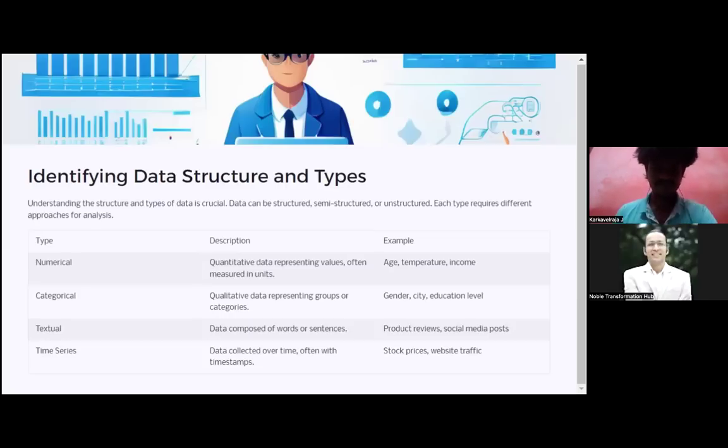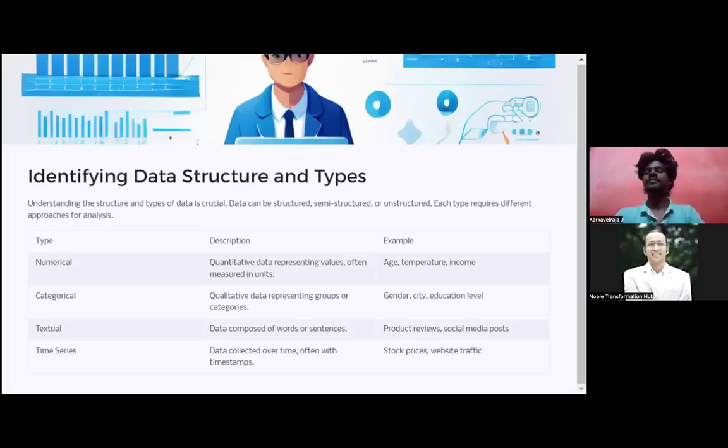Numerical: quantitative data representing value, often measured in units, for example age, temperature, and income. So that can be numerical data. Categorical is data representing groups or categories, which can be gender, city, educational level.